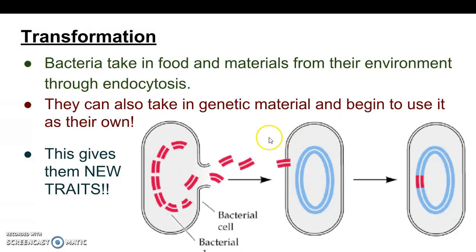And if you remember, that's basically just wrapping their cell membrane around something and bringing it in. So besides just bringing in food, they can also take in genetic material from their environment.